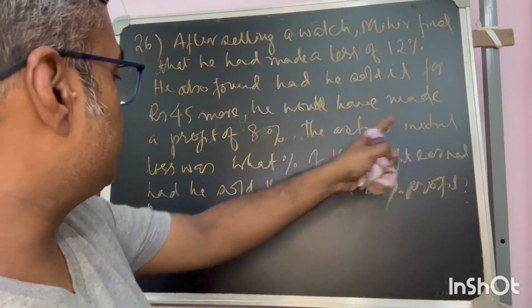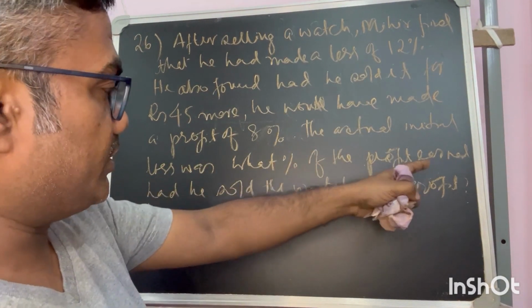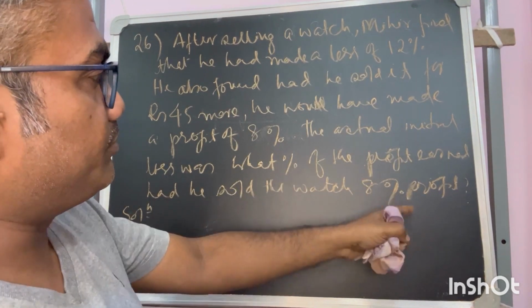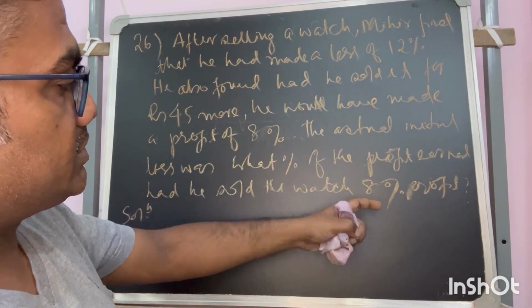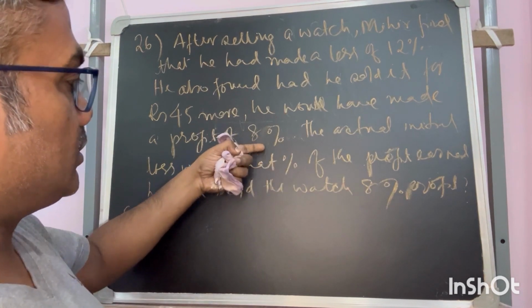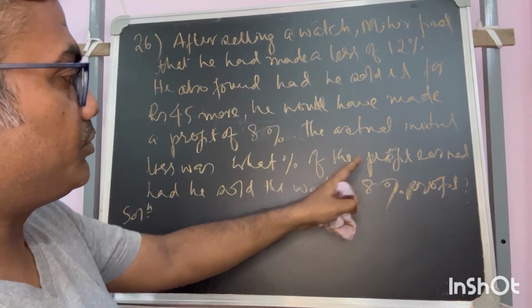The actual initial loss was what percent of the profit? Had he sold the watch at 8%, this is the second condition. So what would be the loss against the profit?